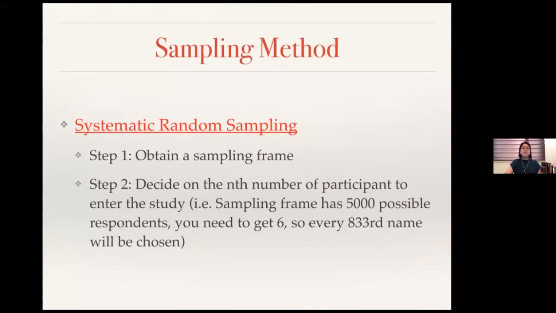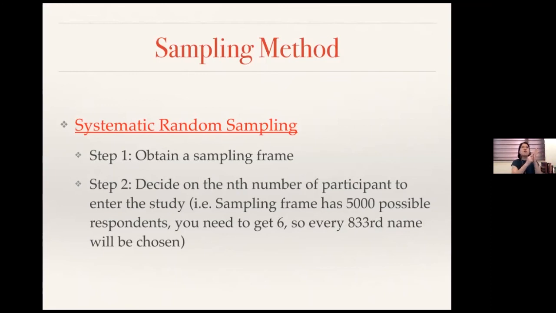The next sampling method is a systematic random sampling. So what you do is you obtain a sampling frame. A sampling frame is a list of all your possible respondents. Then from the start, you decide na from the nth number of participants to enter the study. So for example, kanina, you have 5,000. So I have 5,000 names, but you only need 6. So 5,000 divided by 6 is 833.